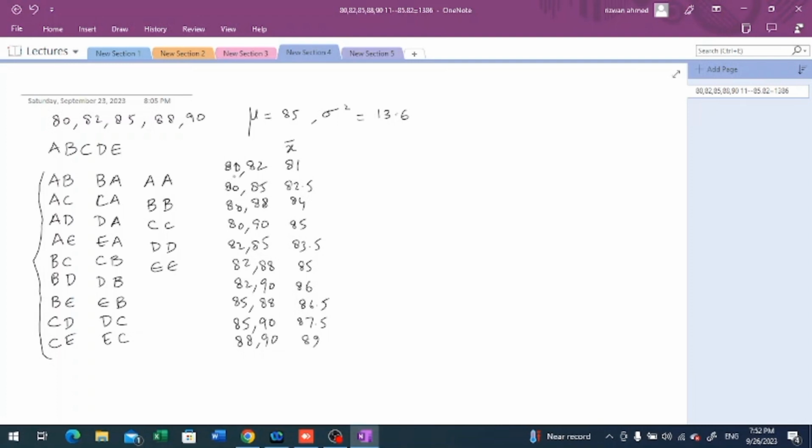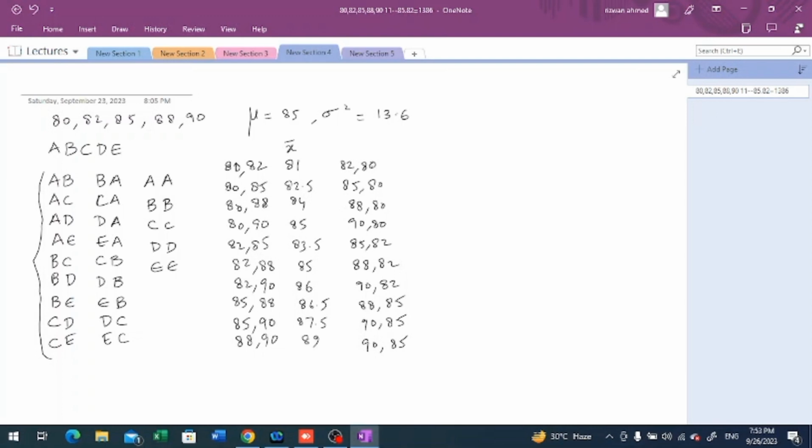So we get the same mean value of 81 when we rewrite it as a new sample starting with 82 and the second one is 80, then 85 with 80, then 88 with 80, then 90 with 80, then 85 with 82, 88 with 82, then 90 with 82, then 88 with 85, then 90 with 85, and then 90 with 88.